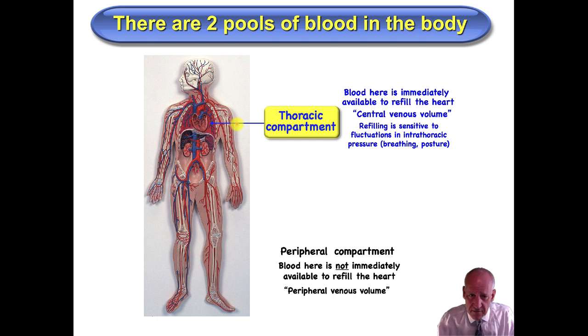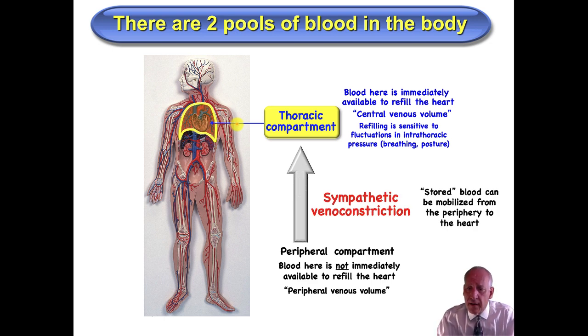The other pool is blood outside the thoracic compartment, or the peripheral compartment. The blood in the peripheral veins is not immediately available to refill the heart. However, sympathetic constriction of the large veins can squeeze on the veins in the periphery and mobilize that stored blood from the periphery back to the heart.